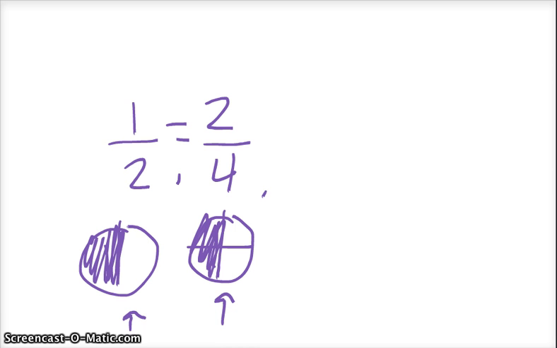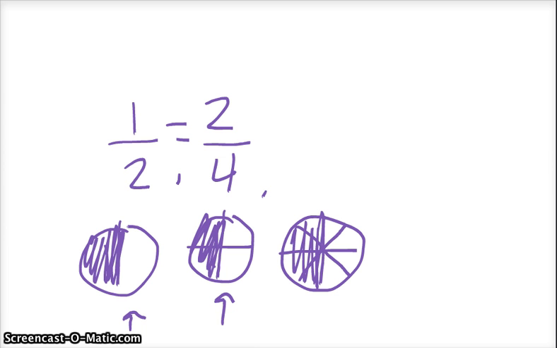So I say we draw another one and divide it up even more. If we divide it up equally again like this, and shade this in, think about what that fraction would be. I count 1, 2, 3, 4 pieces out of 5, 6, 7, 8. So 4/8.